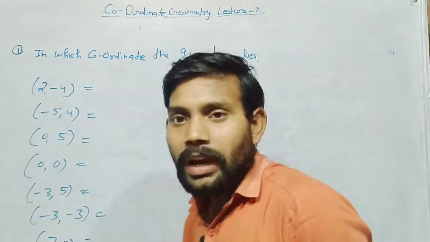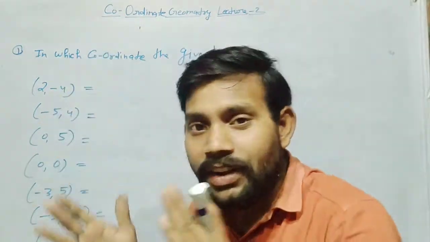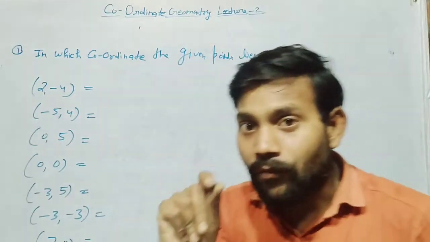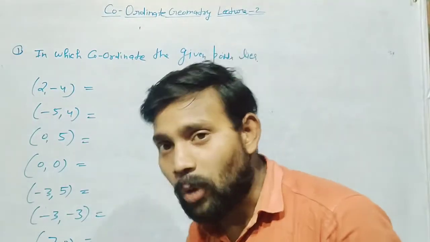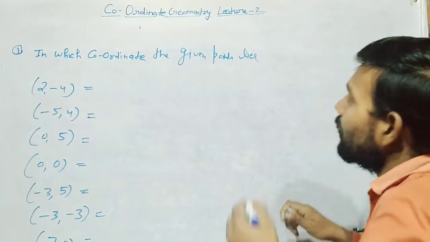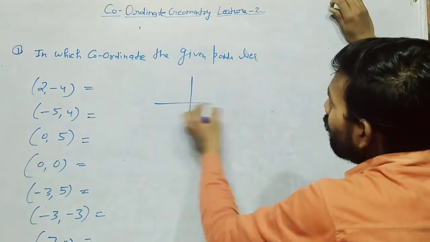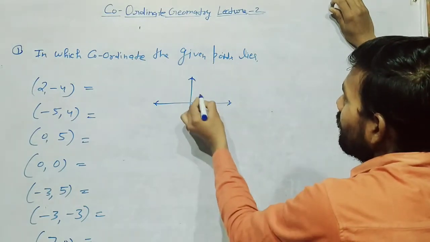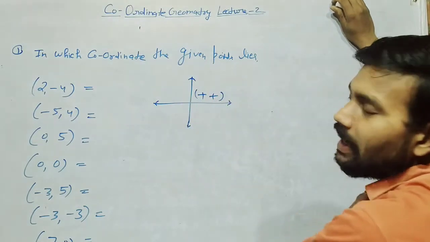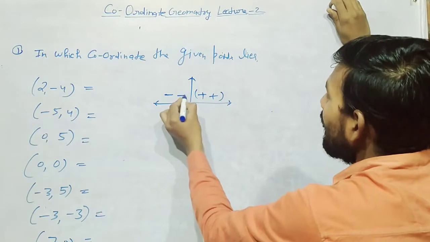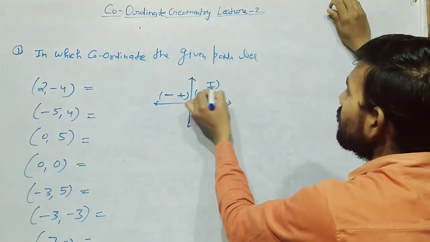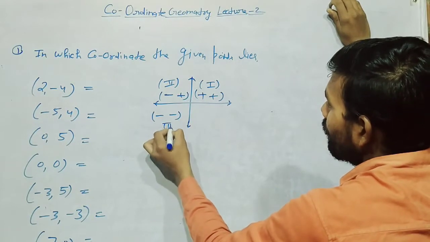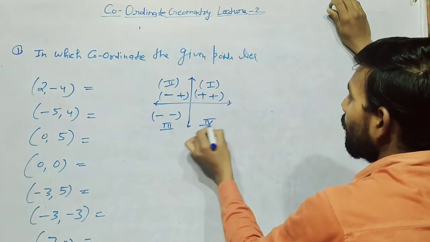For (2, -4), x is positive but y is negative. So it lies in the fourth coordinate, as is clear from the coordinate plane above. The first has both positive, the second has x negative and y positive, this is the third, and this is the fourth.